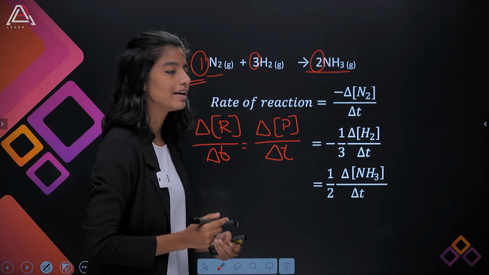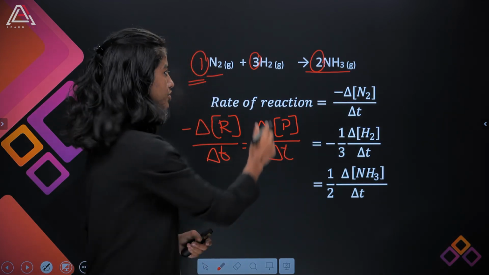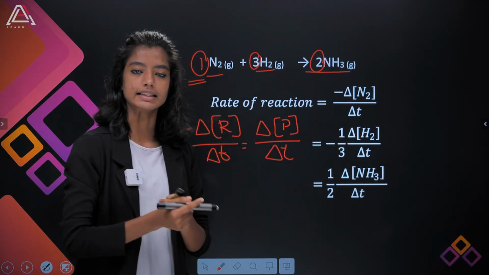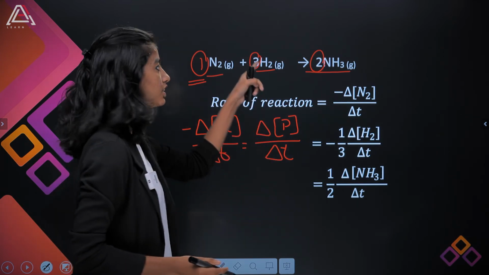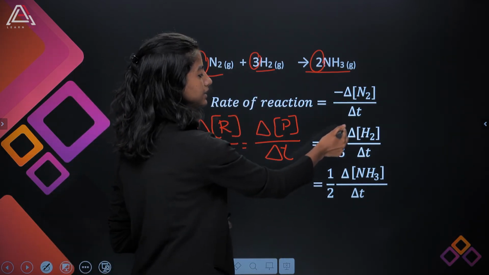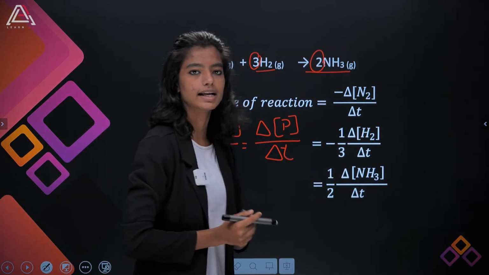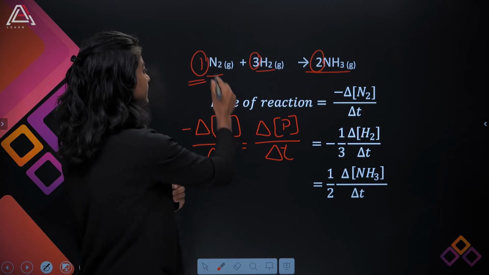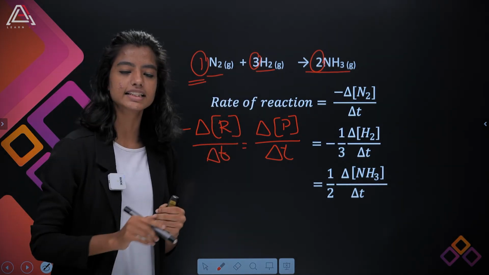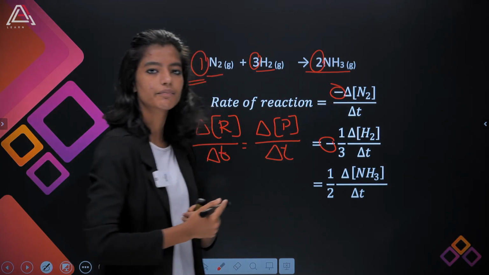And that will be equal to minus delta H2 divided by delta T, dividing by its stoichiometric coefficient 3. So it will become minus 1 by 3 delta H2 divided by delta T. As this N2 and H2 are decreasing, we have to add this negative sign over here. Clear?